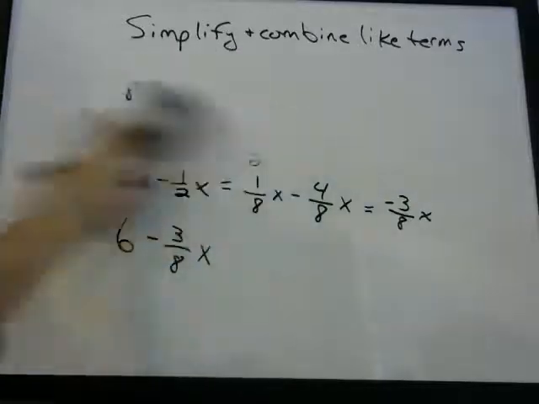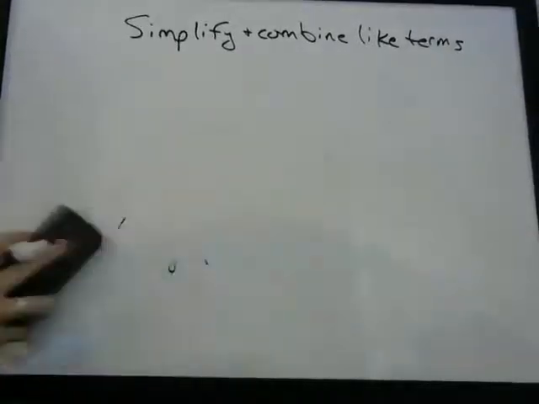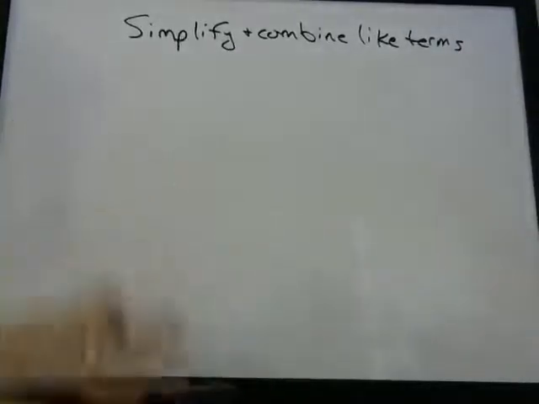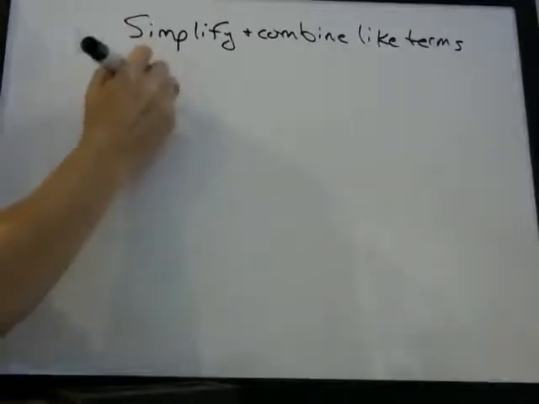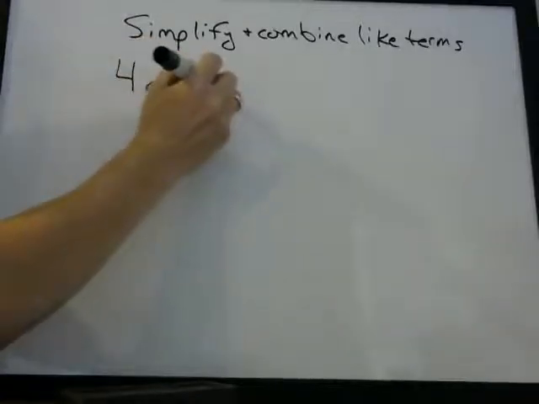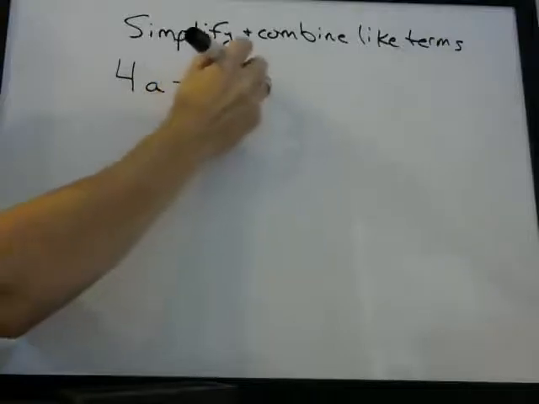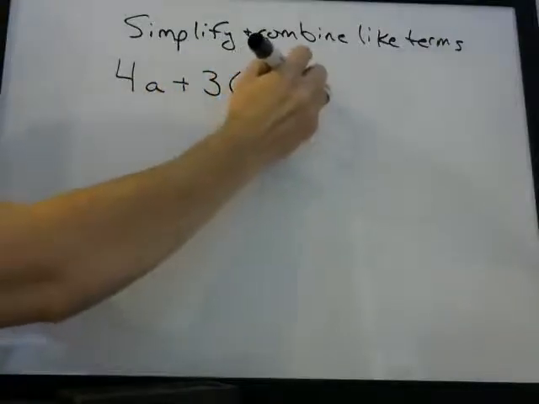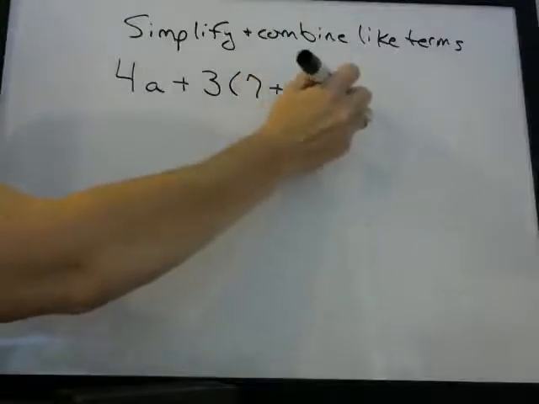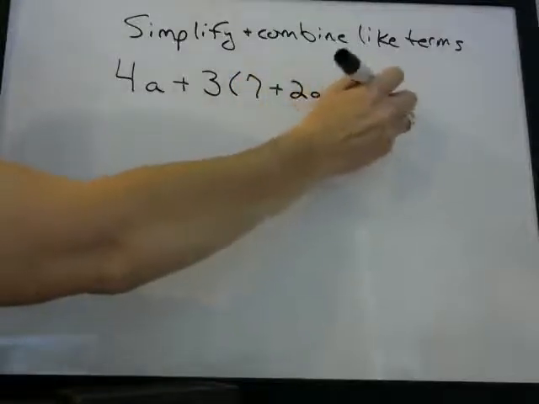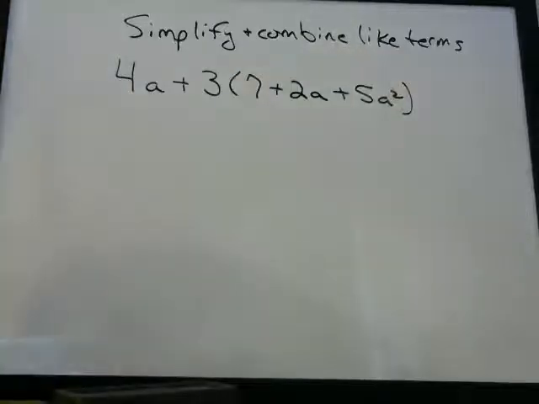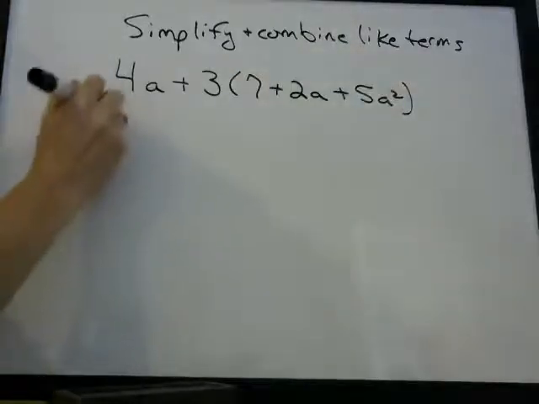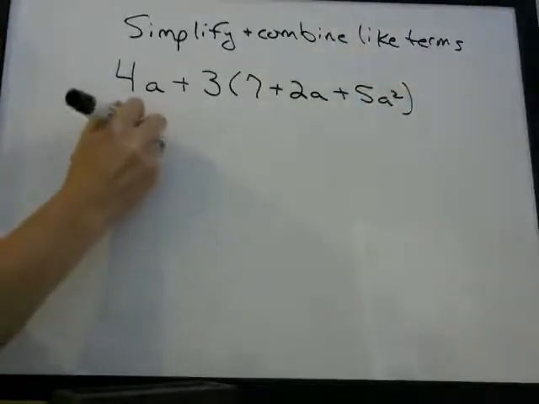Let's say we have 4a plus 3 times 7 plus 2a plus 5a squared. We have the 4a, can't do anything with that.